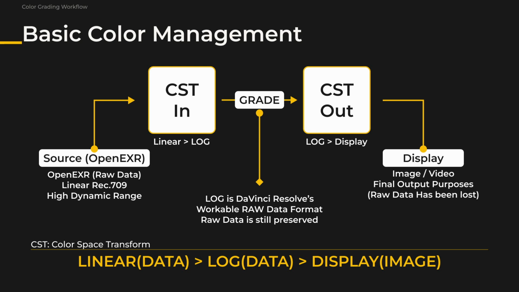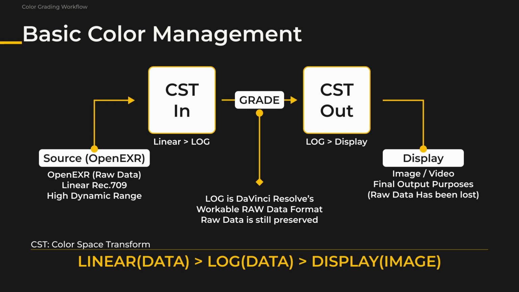On the left side is going to be our source image that we're going to be importing into DaVinci Resolve. This is the OpenEXR file format, which is going to be linear Rec.709. It has all of the dynamic range, and it is a linear format. We want to convert this linear format into a log format, because the log format is something that DaVinci Resolve can work with instead of the linear format, so that we can grade our image.